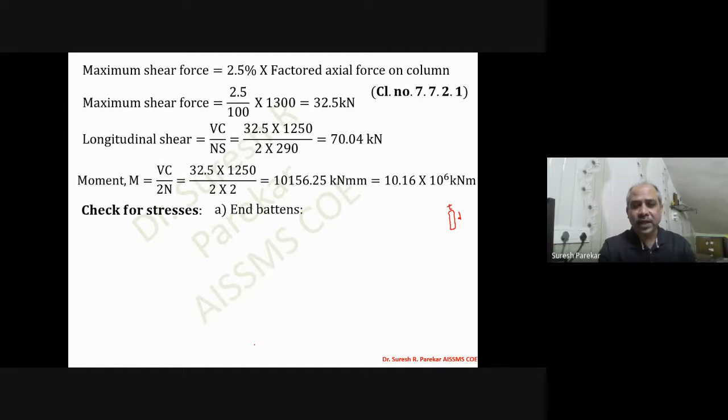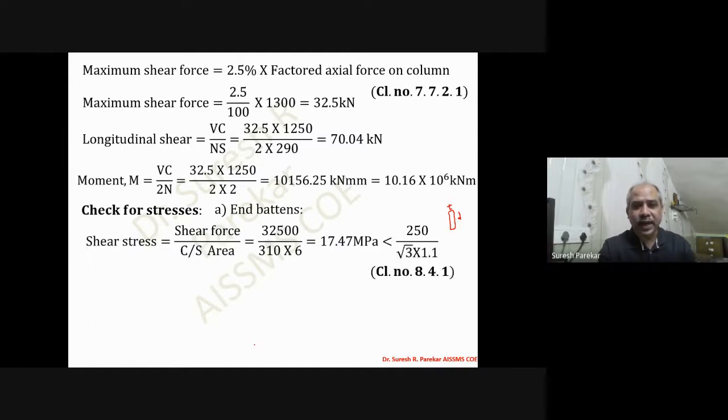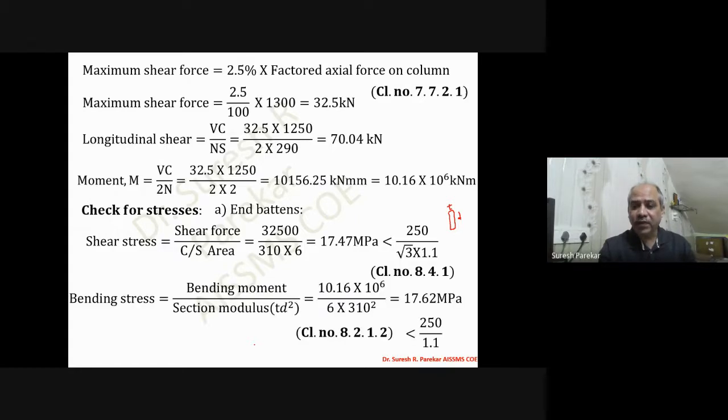And now we will check the battens for stresses. For end battens, we have shear force upon cross sectional area. We have depth as 310, which gives me 17.47, less than 250 upon root 3 into 1.1, which is for your shear. That is clause number 8.4.1.